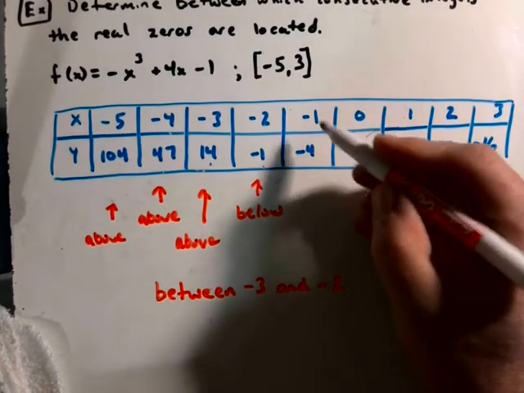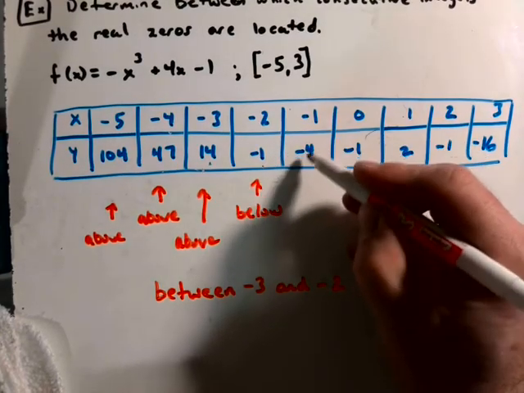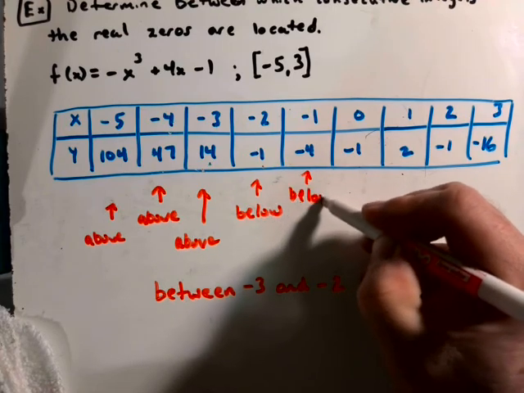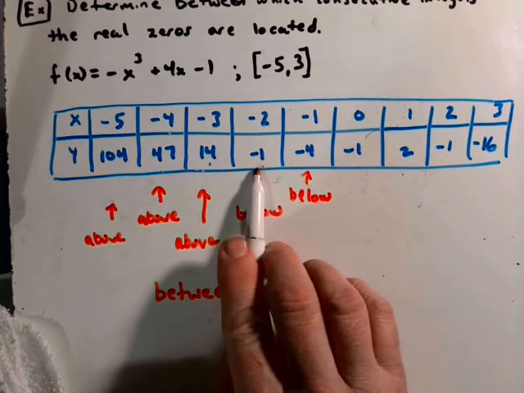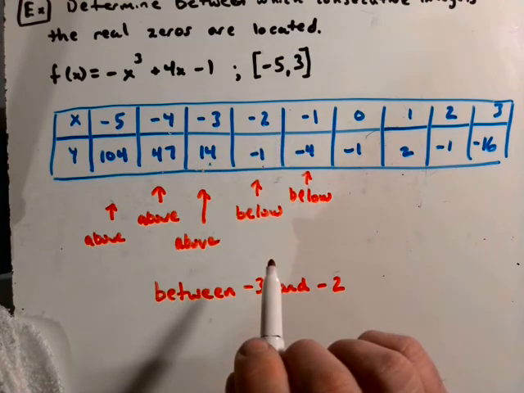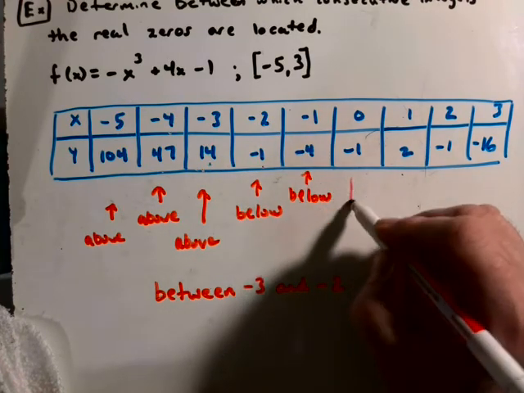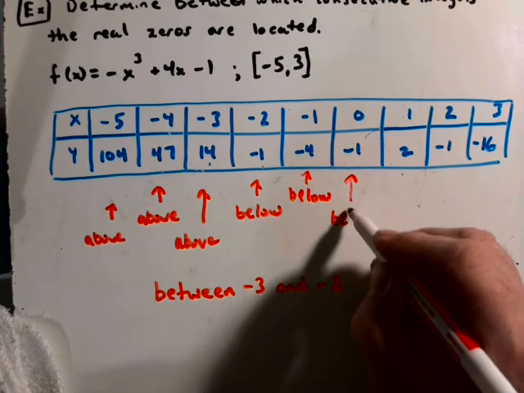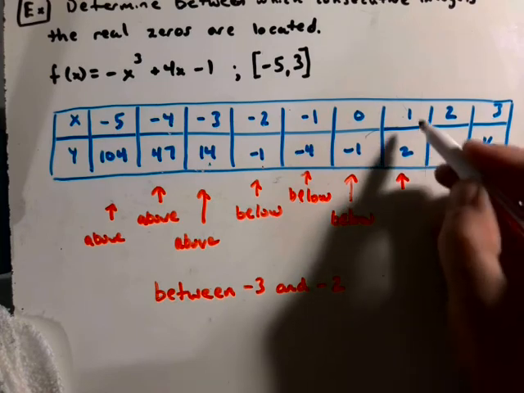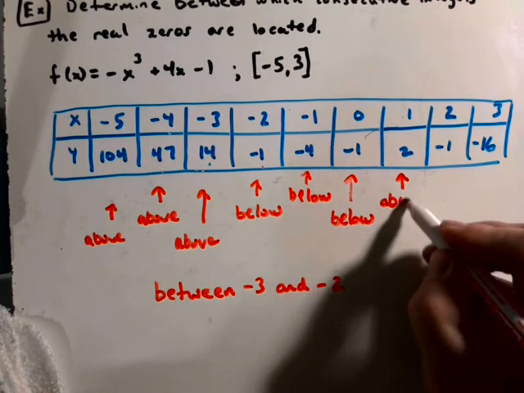This next point is (-1, -4). The y-coordinate is negative, so that one is below the x-axis. This one was below, so is this one. So probably not an x-intercept between -2 and -1. This one is below. But this point, (1, 2), is above.